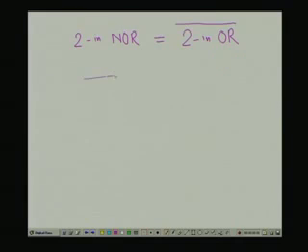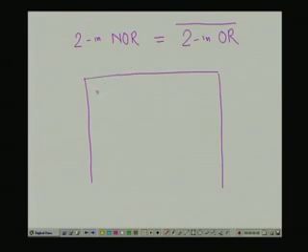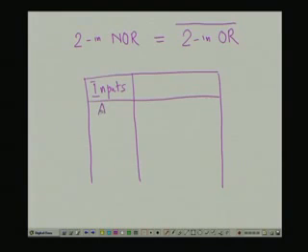In a similar way, if I draw the truth table, my inputs are similarly A and B, and the outputs are the output for OR and the output for NOR.